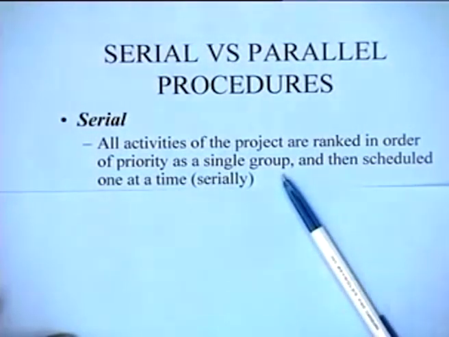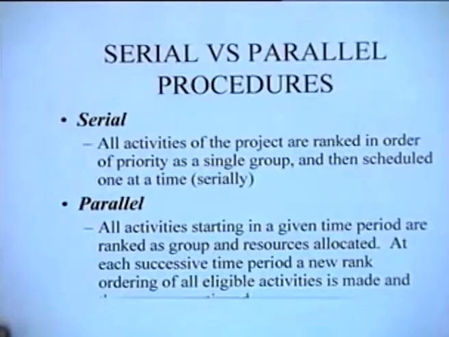So, really speaking, what happens in serial procedures is that you establish the priority of the job only once, and you do not change it during the course of the application of the algorithm. So, it is something like activities are born with it, it is something in their genes. The moment you pick up a project, you can identify the ranks of the activities, and these ranks stay with them as long as the activities are being scheduled during the particular process. This is what is being done.